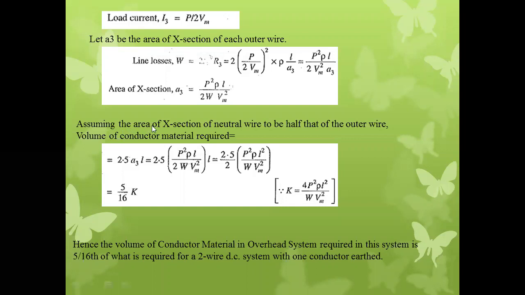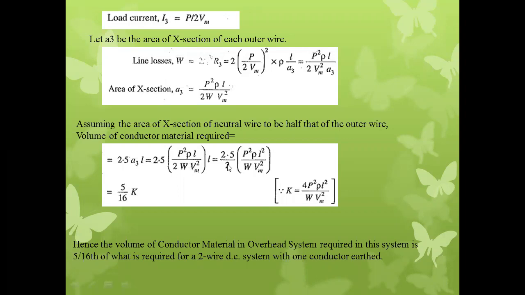Assuming the area cross section of the neutral wire to be half that of the outer wire, the volume of conducting material required is 2.5 A3 into L. Remember this formula, 2.5 A3 into L. A3 is the area cross section of the conductor and L is the length of the conductor.